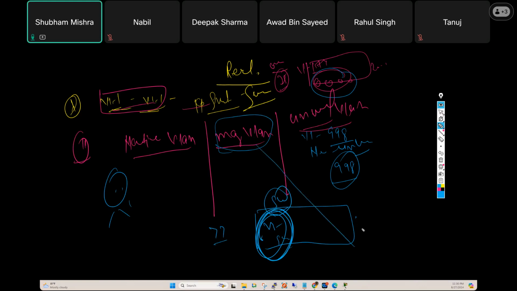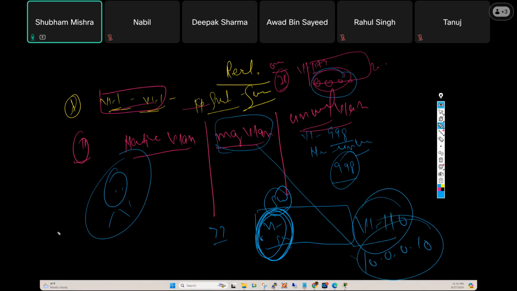Let's suppose I configure VLAN number 110 as the management VLAN, and we configure an IP address 10.0.0.10. So if you are working from home, you can easily remote into your switch with the help of this IP address which you configured in the management VLAN. Management VLAN is just to manage the thing. Clear, everyone?